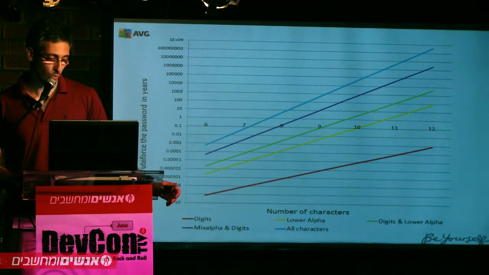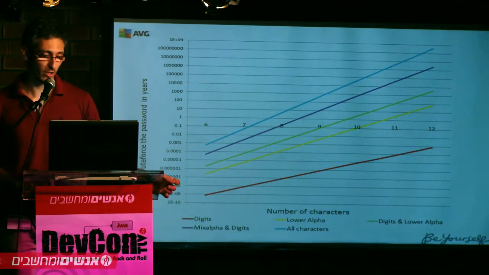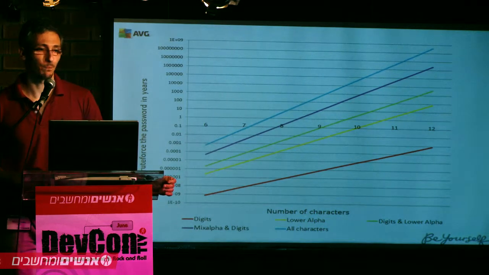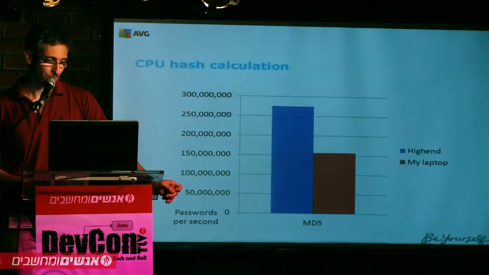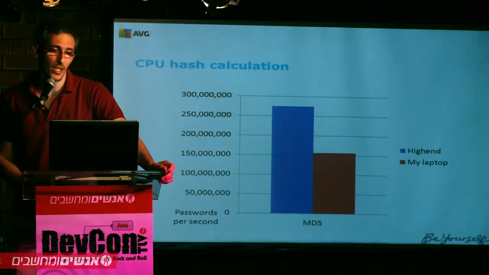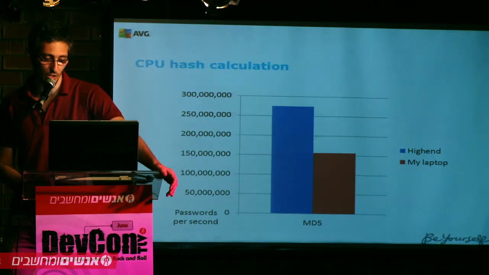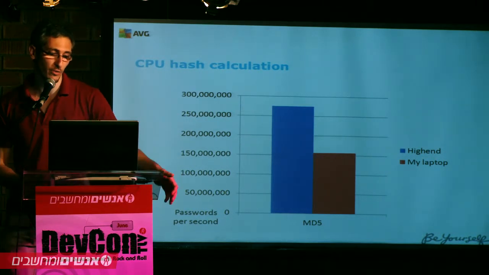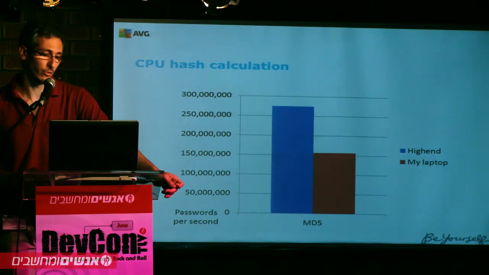We can see that for the mixed alpha digit key space, a password of 9 characters will take about 10 years with a general CPU. So we can use CPUs to calculate hashes. We can see that on a high-end CPU, we can calculate just over about 250 million hashes every second.